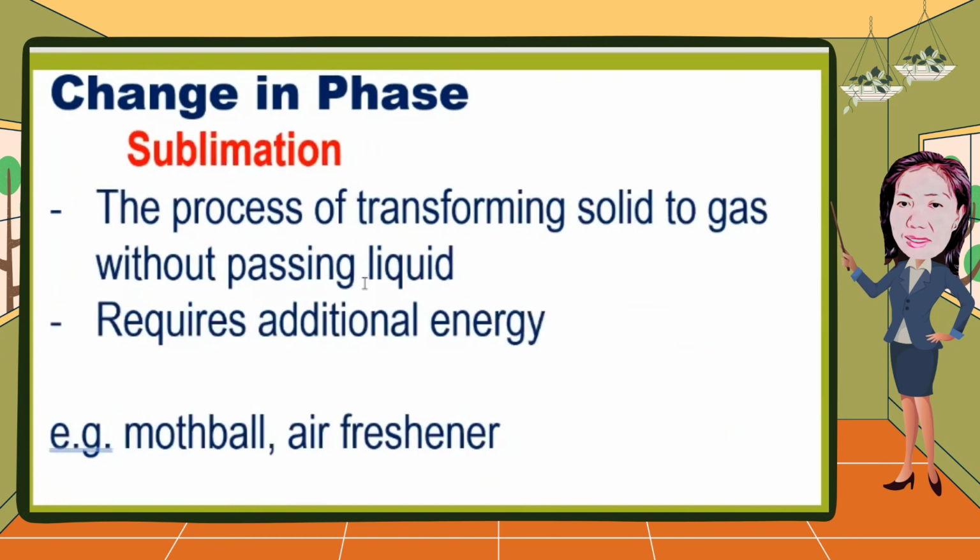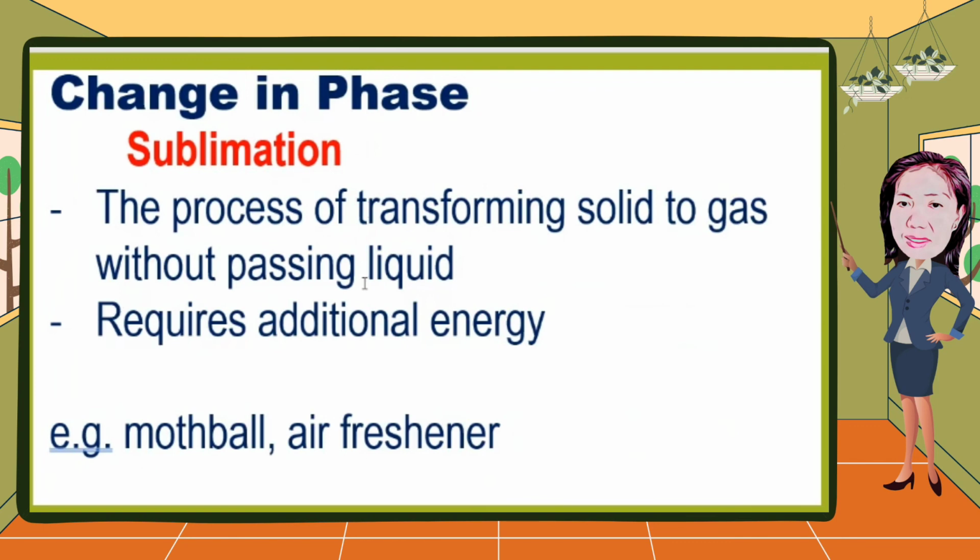Another phase change, sublimation. This is a process of transforming solid to gas without passing through liquid. This transformation requires additional energy. So what are the examples of sublimation? Okay, the naphthalene ball or mothball.